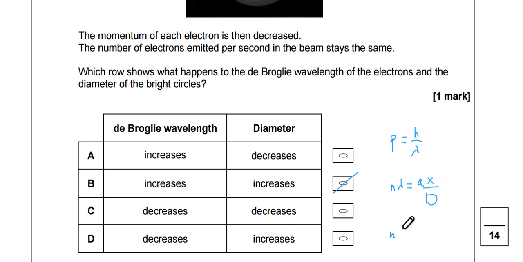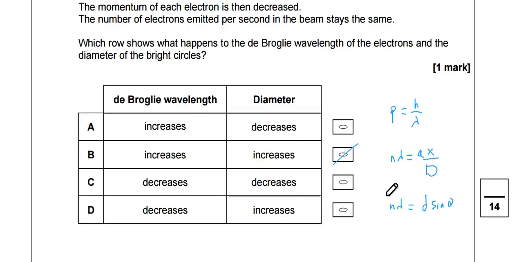Even if you use the formula for a diffraction grating, this again is constant. As this increases, sine theta increases, and as sine theta increases, this means that theta itself increases and the bright fringe increases. Okay, that's all for now.